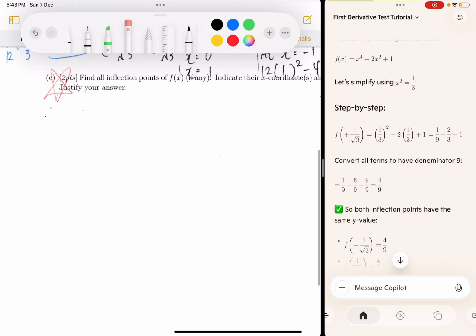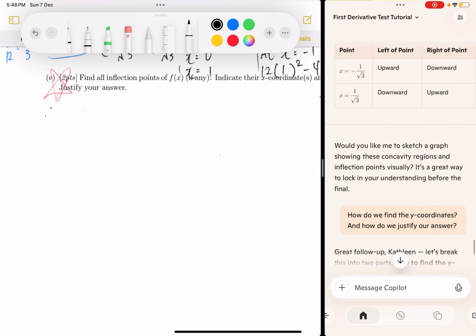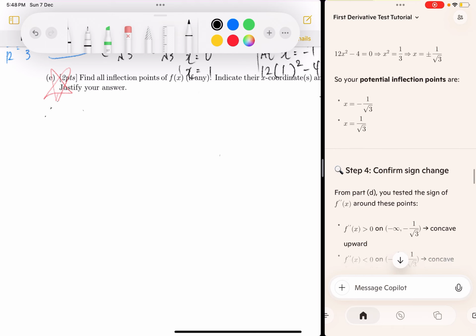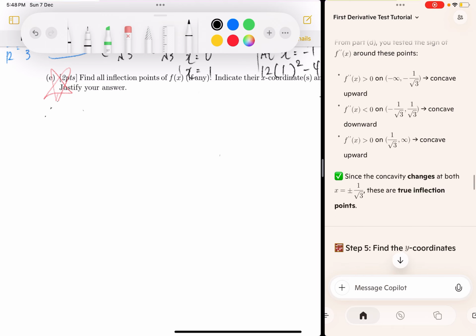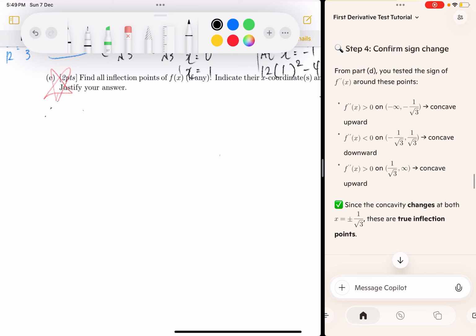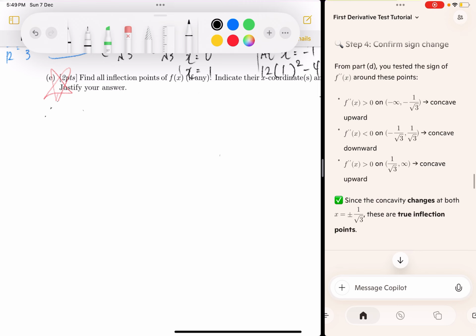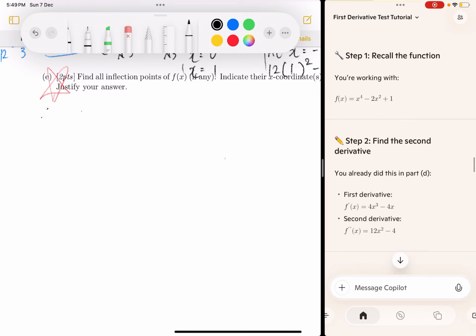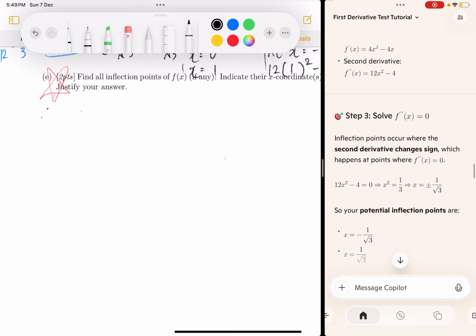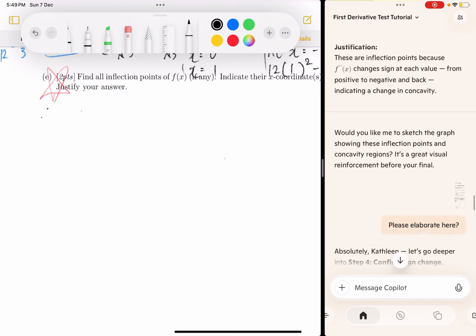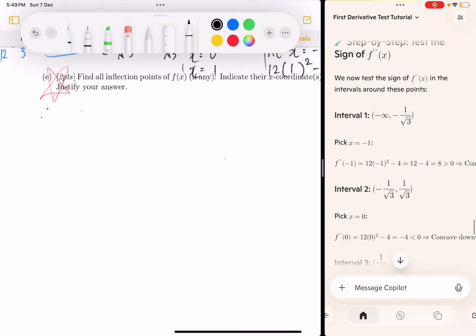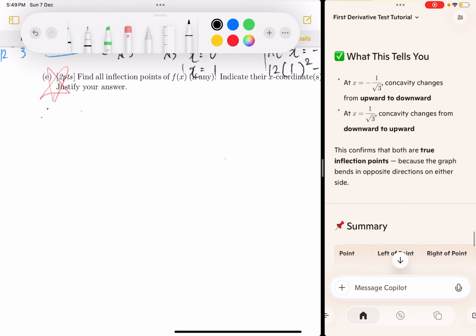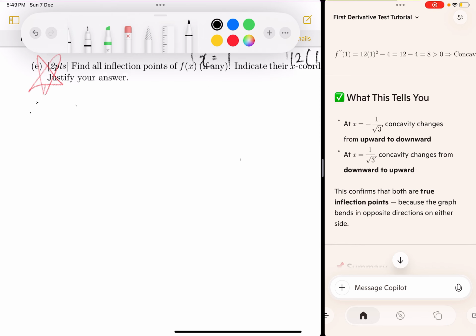Okay, how do we write this down? We can copy Copilot. Let's see. Is there a better way we can say this? Here, we can say this.